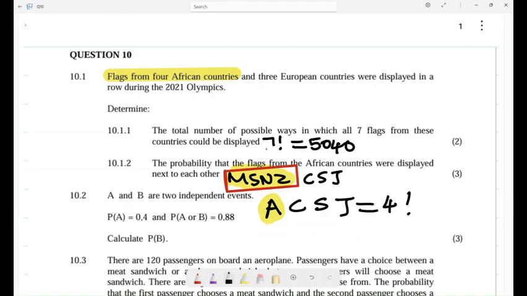But when we come here also inside the bracket, or inside our collective thing, I can also start with South Africa, Nigeria, or Zimbabwe. Even here, I still have 4 factorial ways in which I can align them next to each other. I can start with South Africa, Nigeria, Zimbabwe, and Mozambique, or I can start with Nigeria, Mozambique, South Africa, and Zimbabwe.